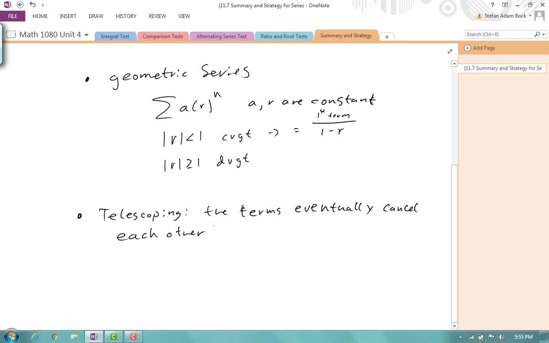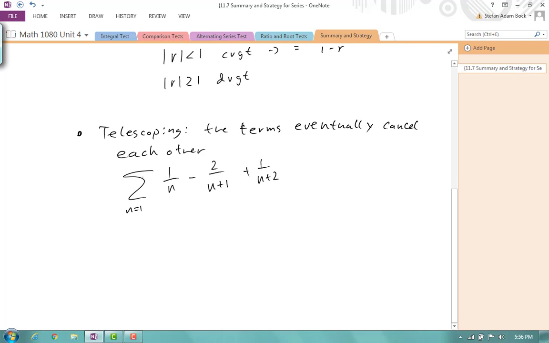So we've seen a simple example of a telescoping series, but I also have a more complicated telescoping series where I might have 1 over n minus 2 over n plus 1 plus 1 over n plus 2. This would also be an example of a telescoping series, but it's a little bit more complicated. It takes extra time for us to properly cancel everything out.